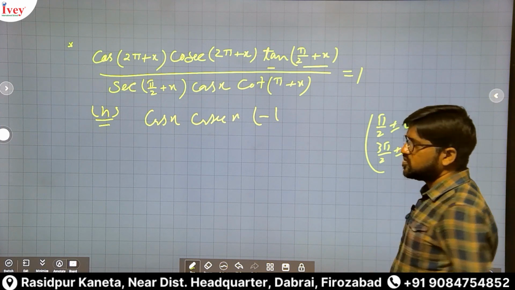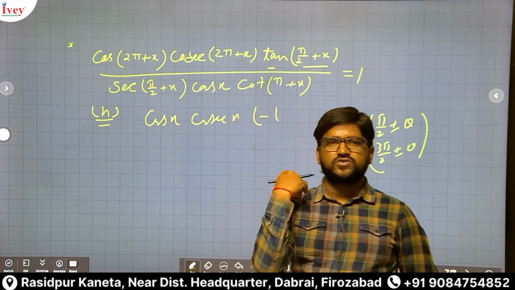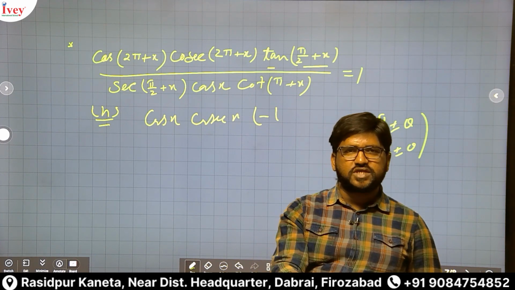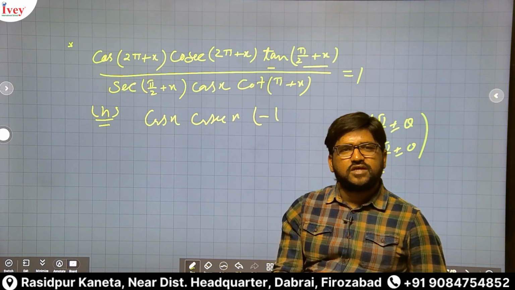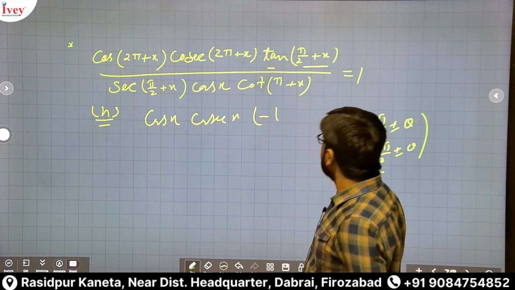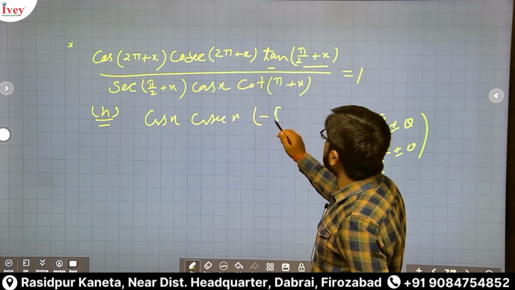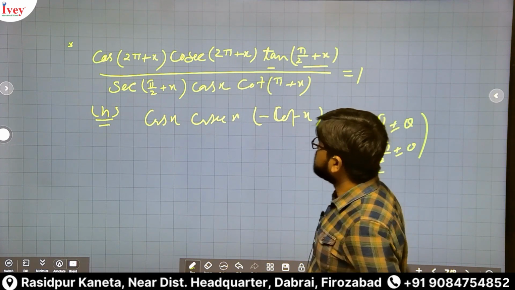Tan will change into cot, and cot will change into tan, sine will change into cos, cos will change into sine, sec will change into cosec, cosec will change into sec. Why this happens? For this again I will suggest you watch the previous video, right? So this is nothing but cot x, right? So I hope and believe.